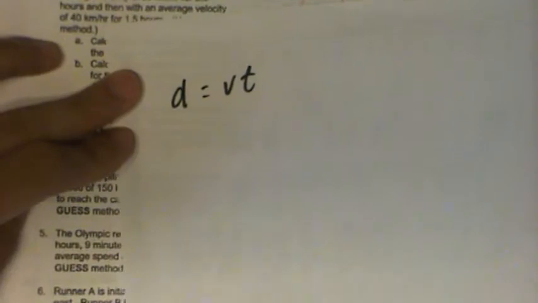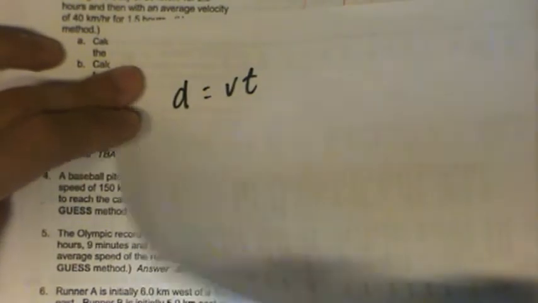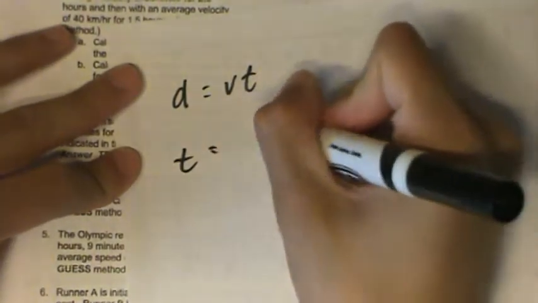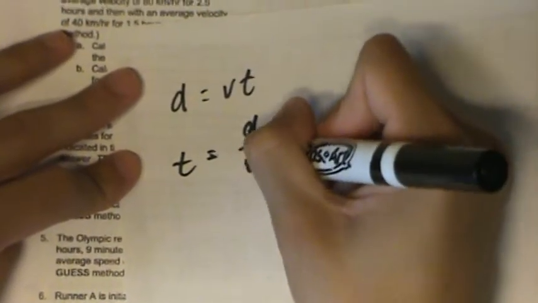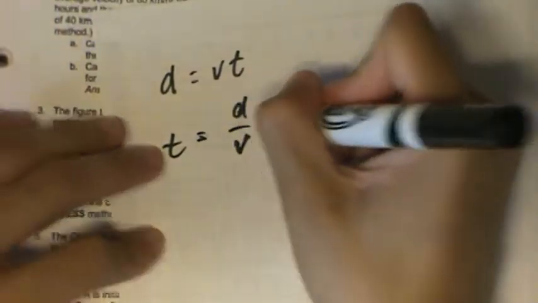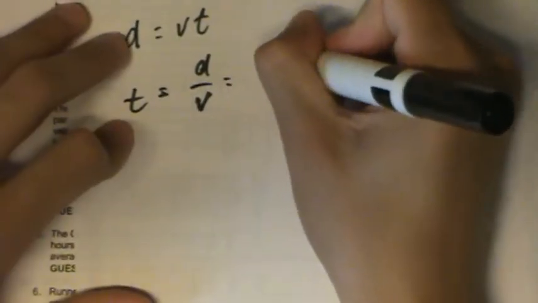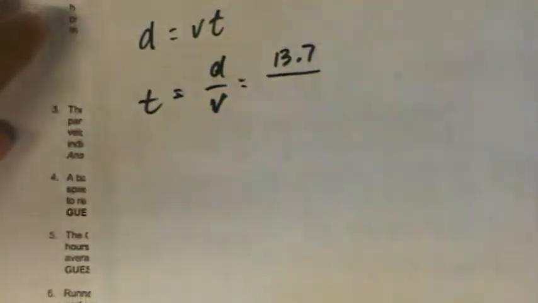It is asking for the time, so time is equal to displacement over velocity. Its displacement is 13.7 meters over a velocity of 150 kilometers an hour.